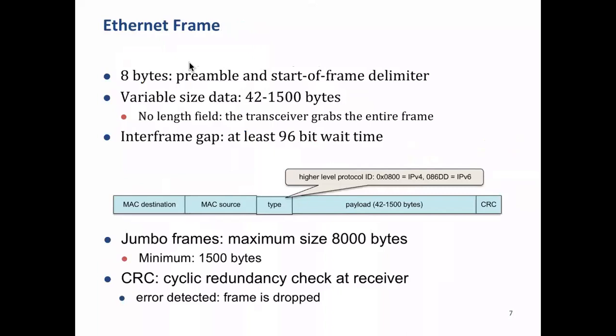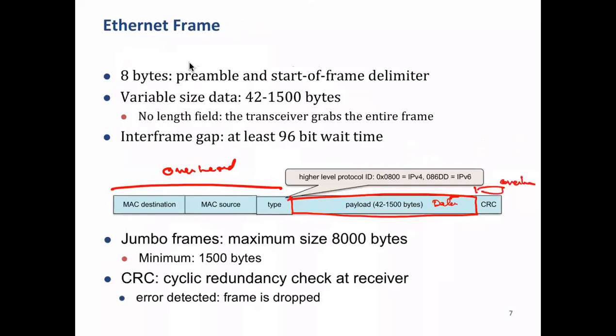We have a payload. Payload is nothing but the actual data that you want to send, right? And the rest of all this is overhead. In order to send this data, you need so many bits. Similarly, this is overhead. This is useful data.